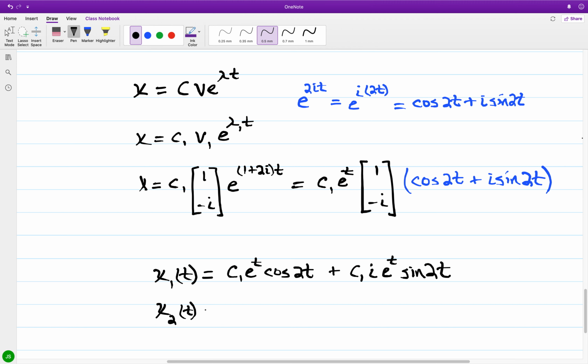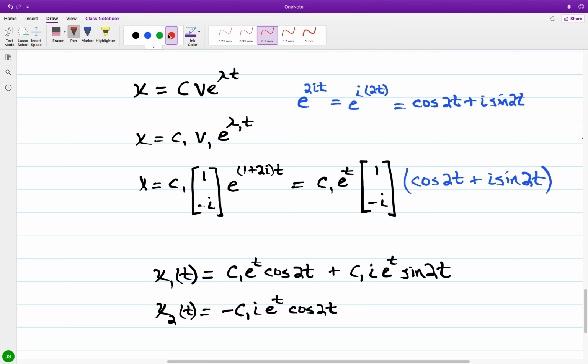And for x of 2, I have negative c1i times e to the t times the cosine of 2t. Next in line, we have c1 e to the t, and you have negative i times negative i.